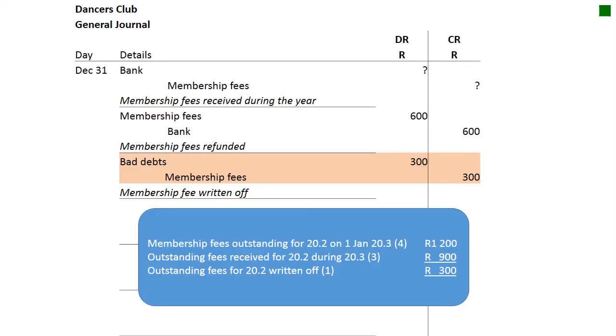So our journal entry for writing off the membership fees is going to be that we're going to debit bad debts and credit membership fees. Remember, we said at the beginning of the current year, 1st of January 2003, there were 4 members who hadn't paid. Last year we had income that was still due to us, income receivable of 1,200.